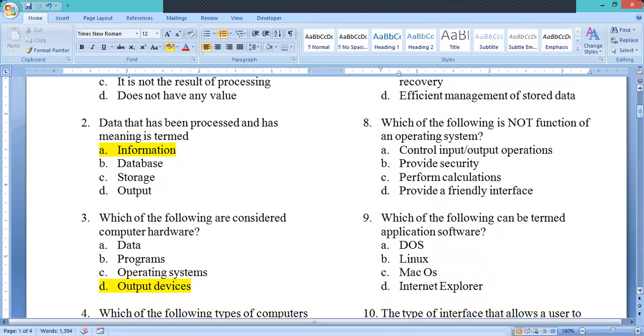Which of the following is not a function of an operating system? This should be easy.